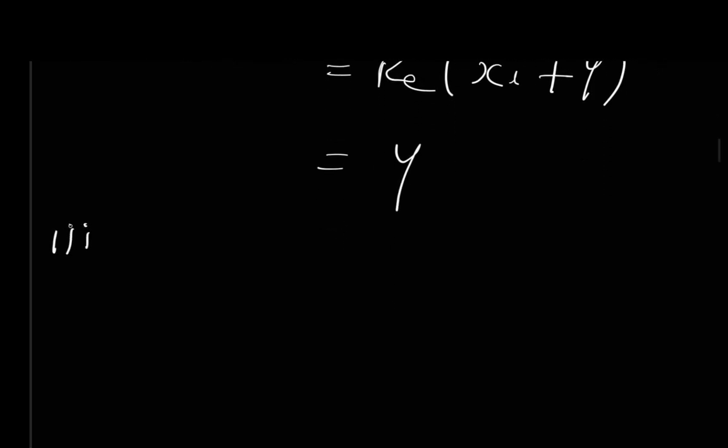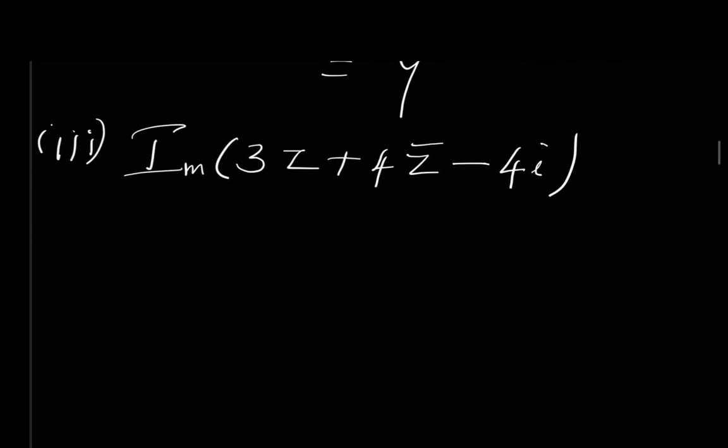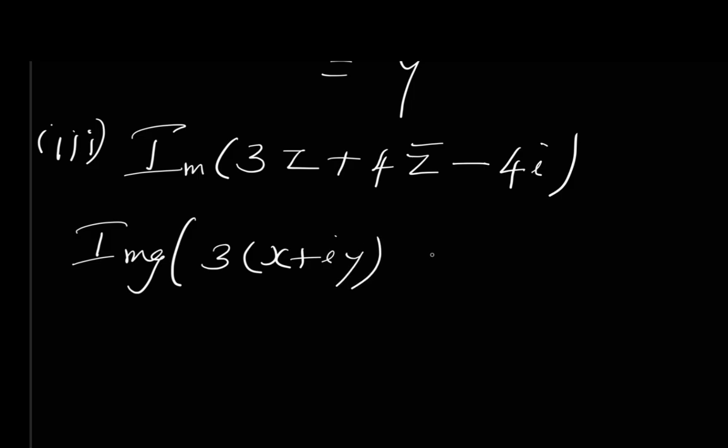Third sum, imaginary of 3z plus 4z bar minus 4i. This is equal to imaginary of 3z is x plus iy, plus 4 into z bar is x minus iy, minus 4i.